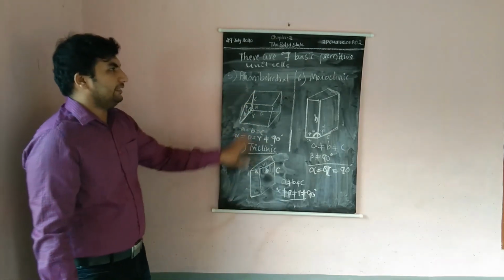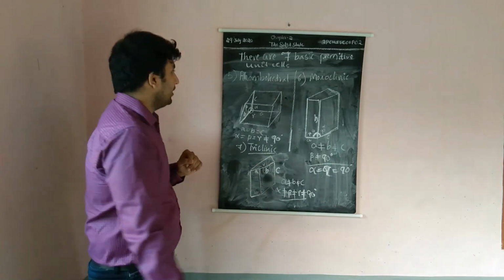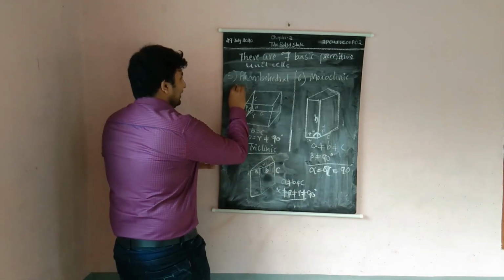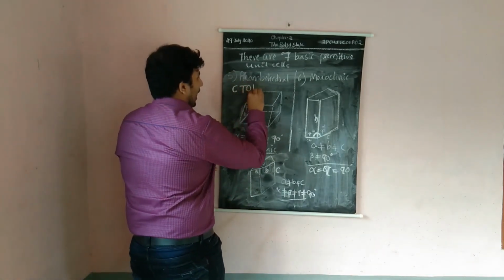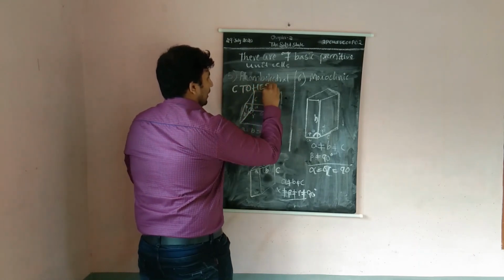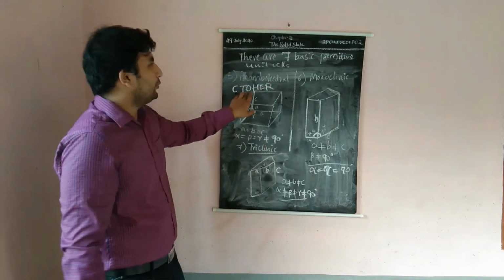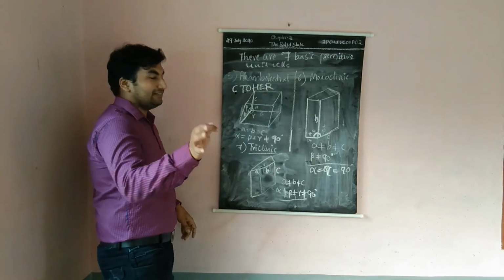To remember these 7 systems, one formula is there: C to her. See her, not see her.